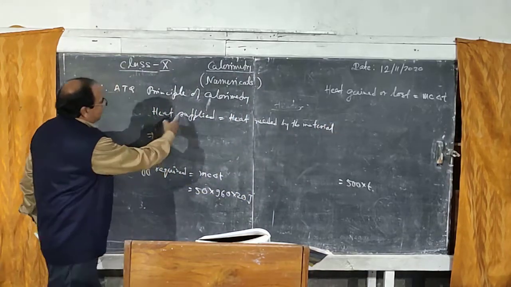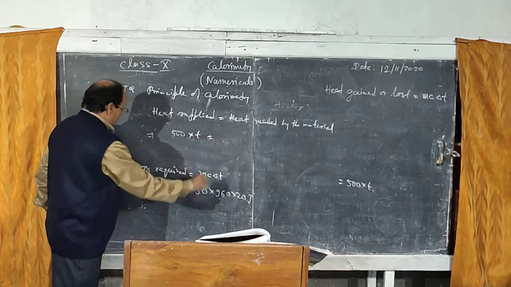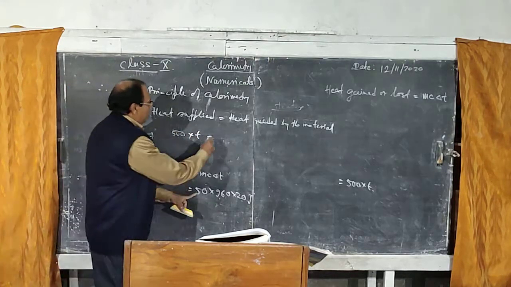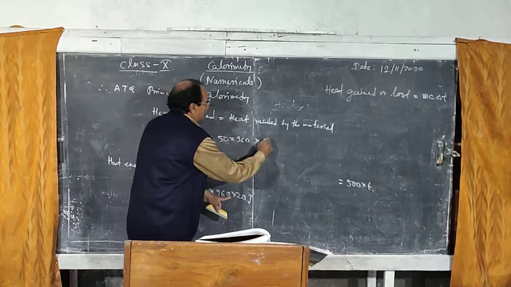So heat supplied equals 500 into T, and here heat energy required equals 50 into 960 into 20.